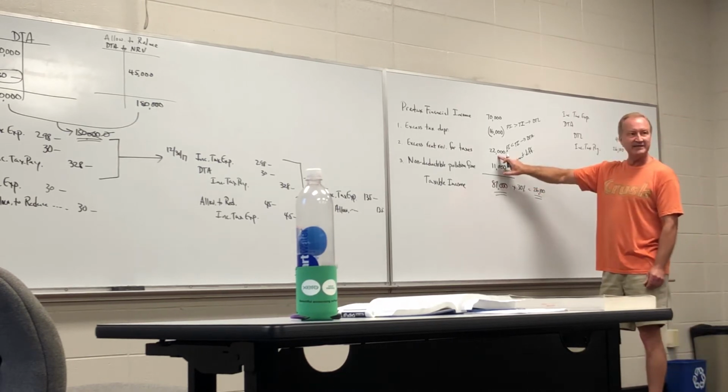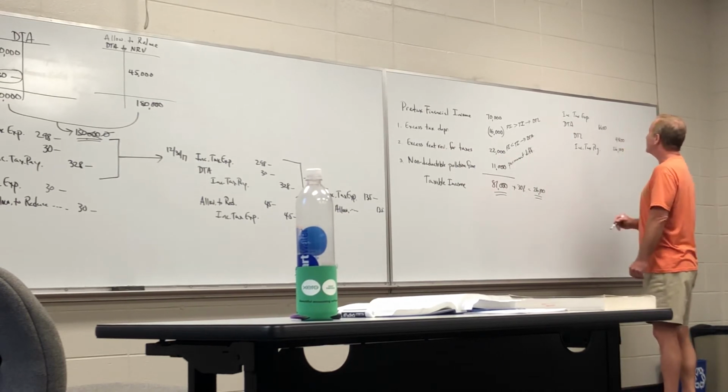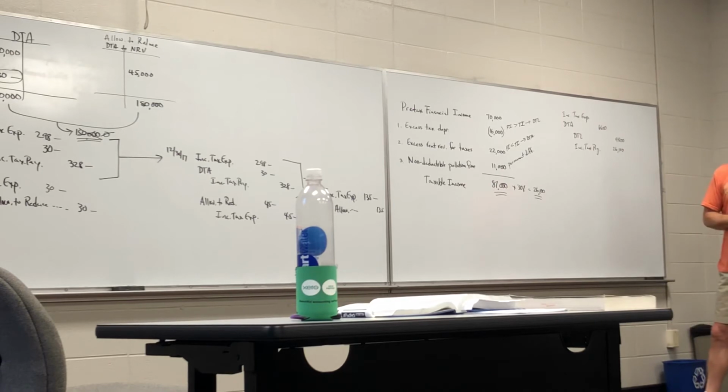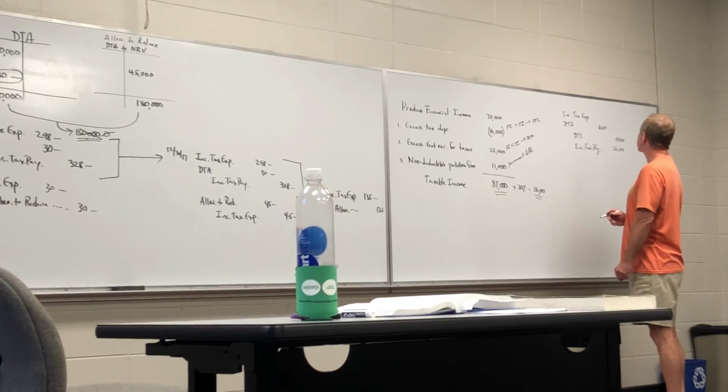The DTA is the temporary difference giving rise this year times the future tax rate, this 6,600. And income tax expense is the plug. 26, 30, 30,900, 24, 3. Yes.